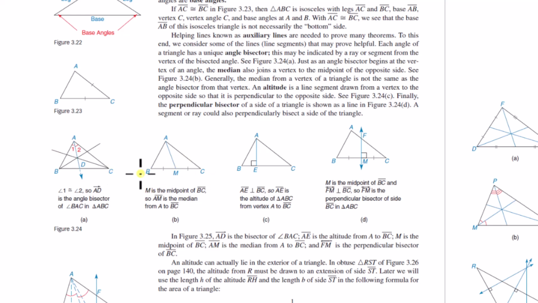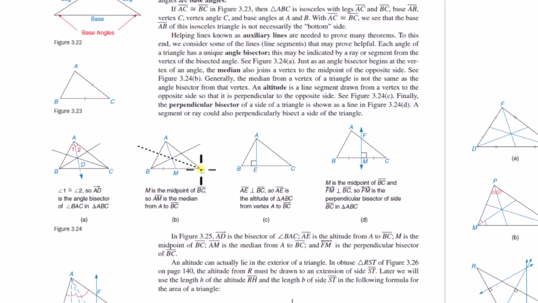Okay, now you also have what's called medians. Medians originate from any one of the three angles of a triangle, but they don't bisect the angle they come from. They go to the midpoint of the opposite side. So they bisect the opposite side. See, the midpoint here of AC.